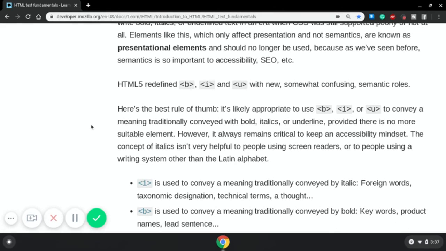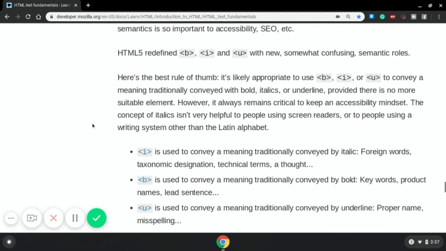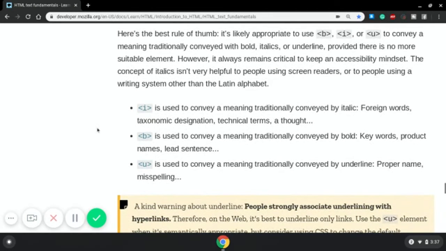HTML redefined the b, i, and u with new, somewhat confusing semantic roles. Here's the best rule of thumb. It's likely appropriate to use b, i, and u to convey a meaning traditionally conveyed with bold, italics, and underline, provided that there is no more suitable element.